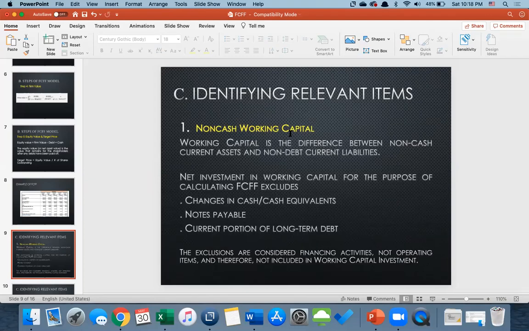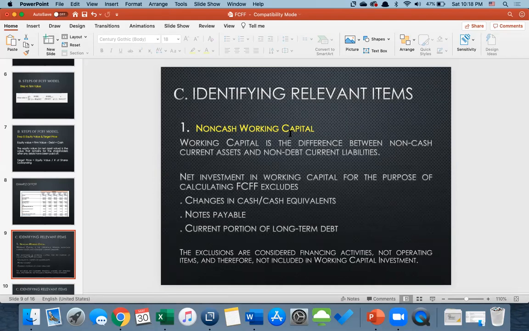The working capital is the difference between non-cash current assets and non-debt current liabilities. Since it is for the operation and for the free cash flow to firm, we don't include the changes in cash, notes payable and the current portion of long-term debt. These are the items that we should pay attention to.